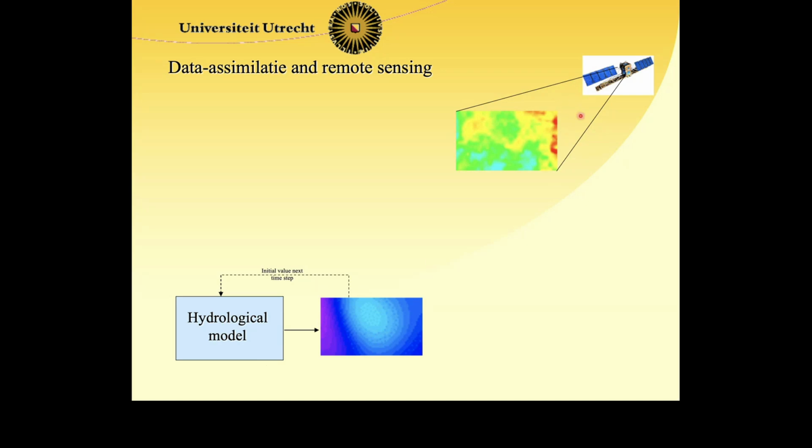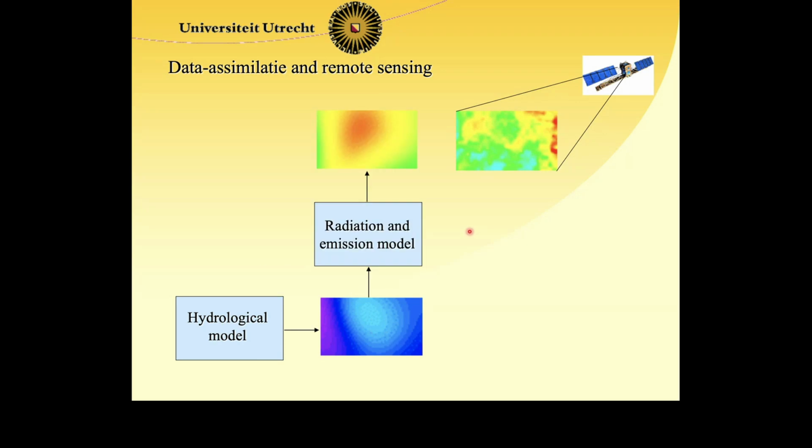If soil moisture is also observed from space, for instance, there are passive and active radar or microwave systems that can measure soil moisture from space, maybe we can use this to update the state. Well, what they typically do then is they have a so-called radiation and emission model that simulates what a satellite would observe if this would be the real state.